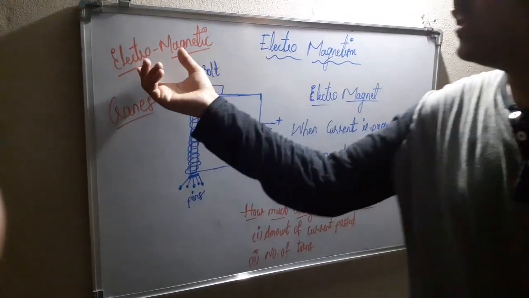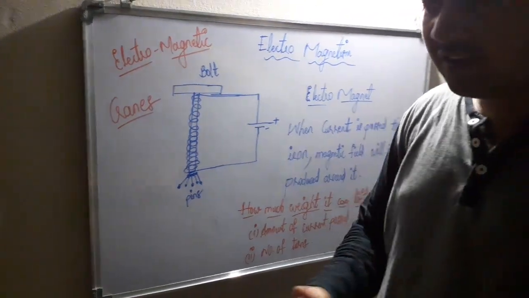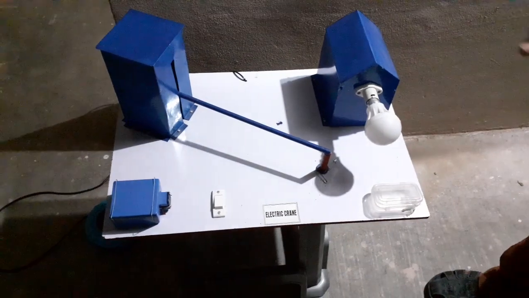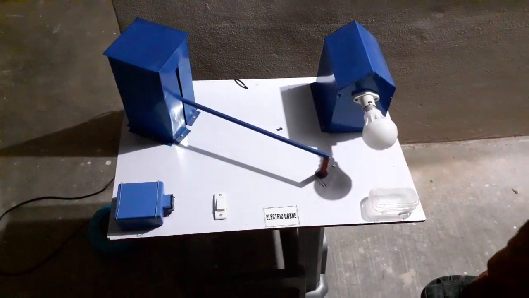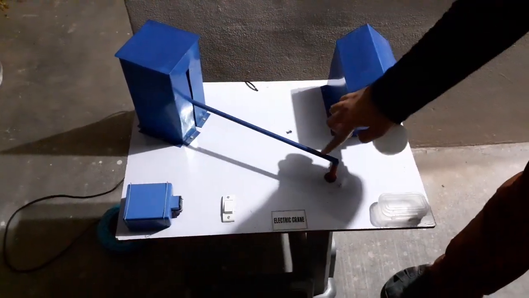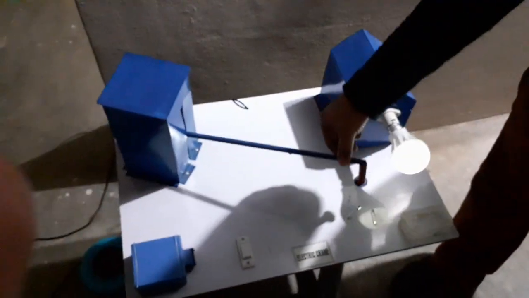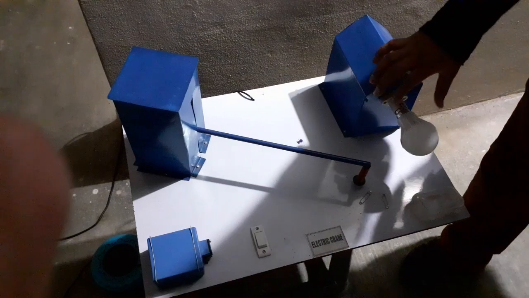In order to explain you practically, I made a small working model of an electromagnetic crane. This is an electromagnetic crane, and this is the crane's hook, which is used to lift weights, and this is a bulb.